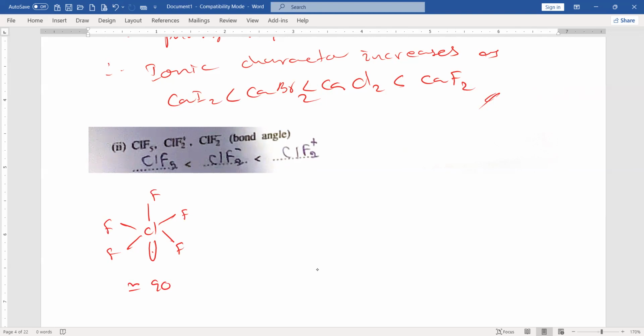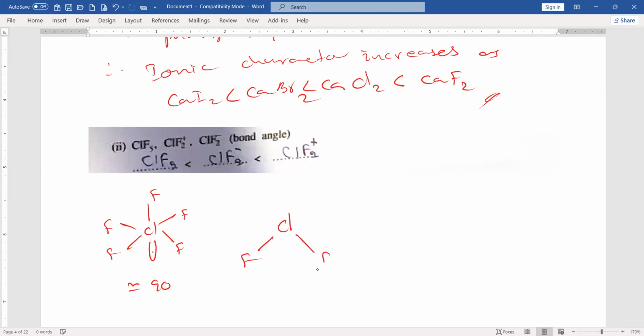And ClF2 plus and ClF2 minus. ClF2 plus means we have 7 electrons around this chlorine. Plus means it will remove an electron, then we have 6 electrons, and because of 2 bonds, it will contribute 2 bonds and 2 lone pairs will be available.